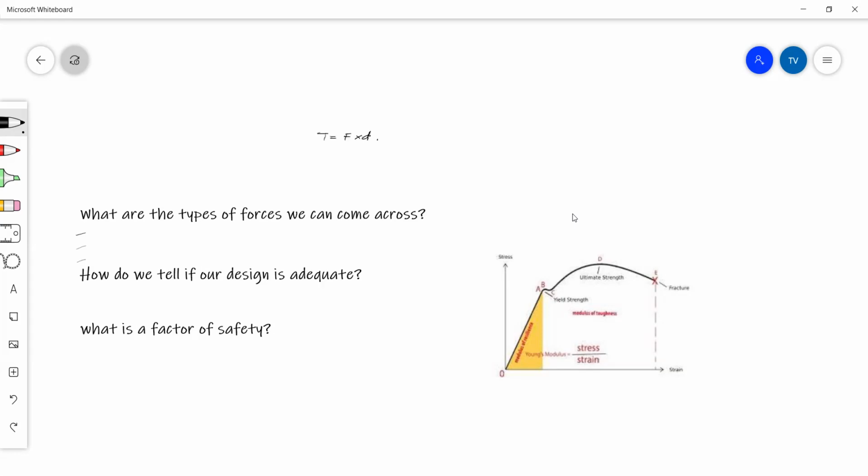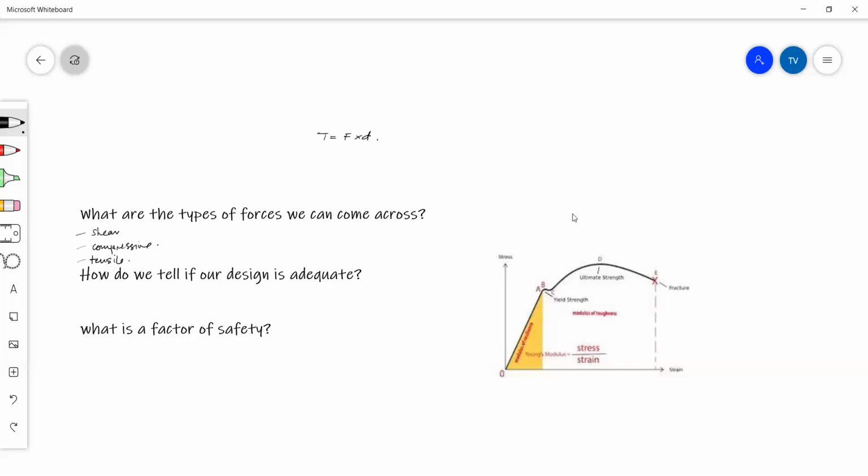Contact force again is related to friction force, so not really contact force. We have something called shear force, compressive force, and tensile force. So three main types, and those are the three types that we'll be using in this assignment.